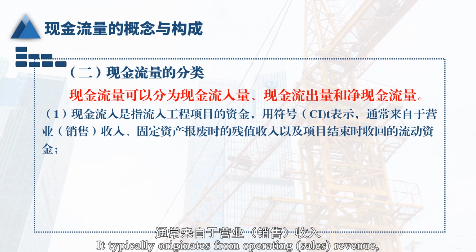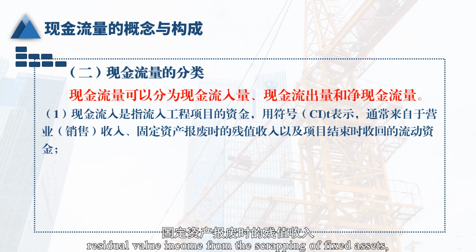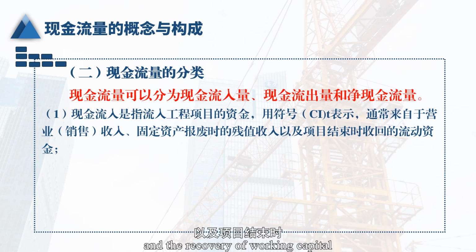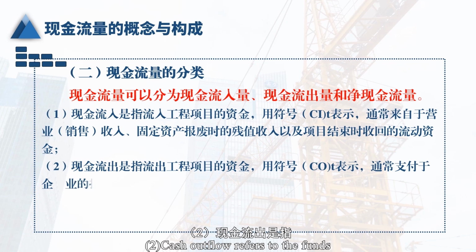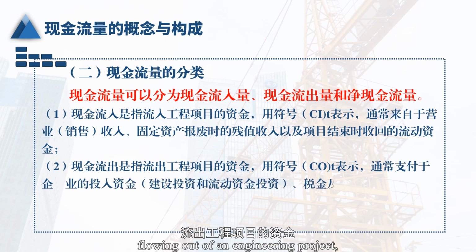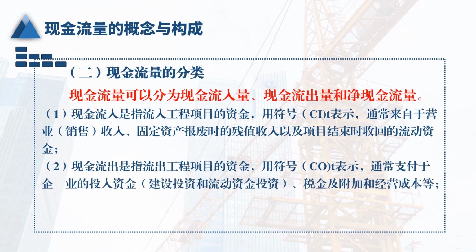It typically originates from operating, sales, revenue, residual value income from the scrapping of fixed assets, and the recovery of working capital at the end of the project. Second, cash outflow refers to the funds flowing out of an engineering project, denoted by the symbol CO_t.